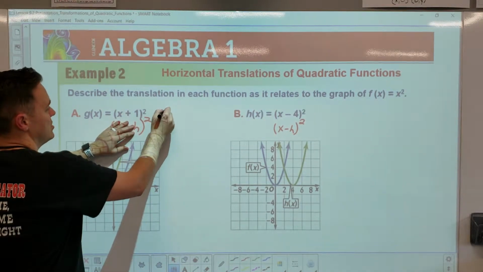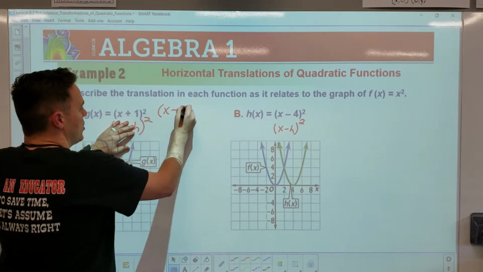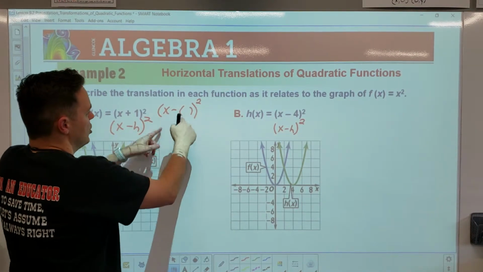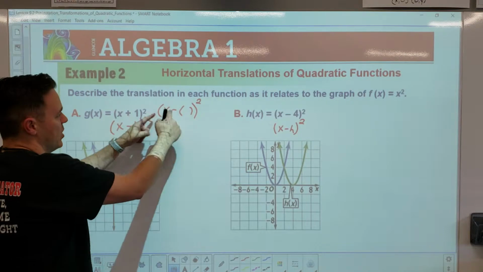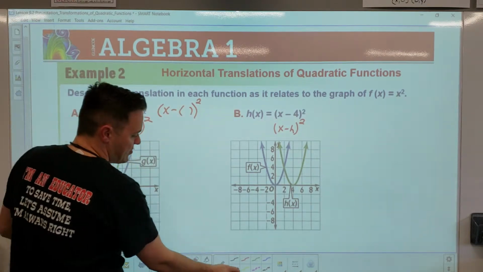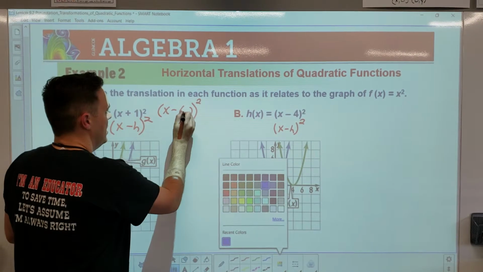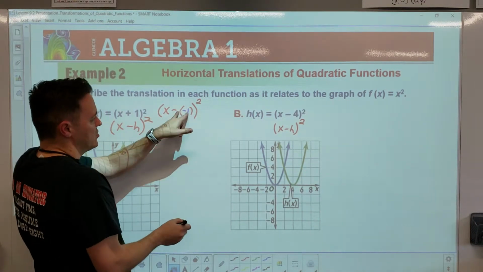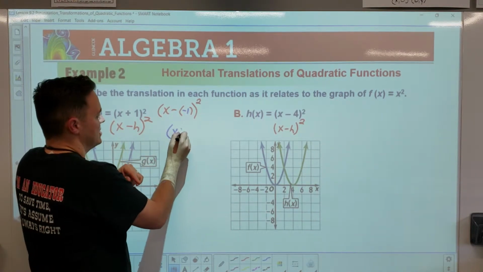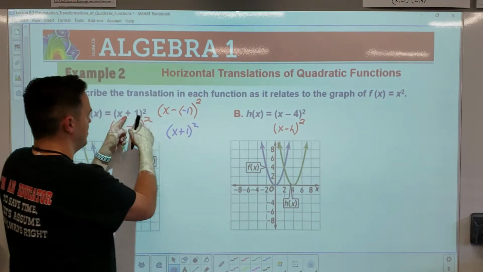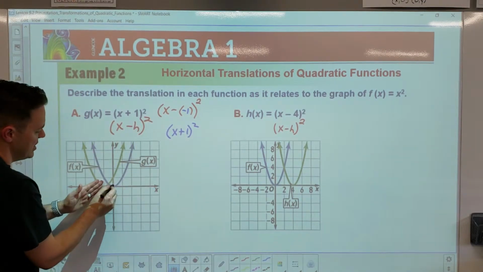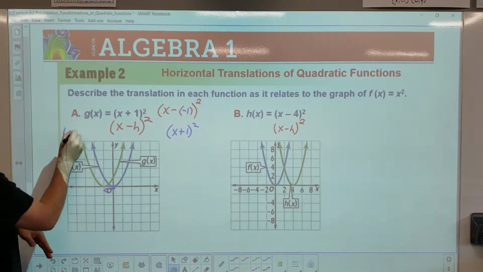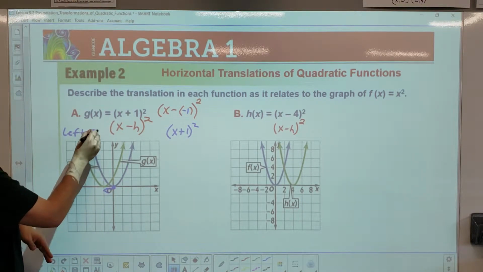Well, what you're doing is x minus, and then we throw a number in here and square it. So how would I go from a minus to a plus? Well, this number in here is technically going to have to be a -1. So if I put a -1 in here, then x minus negative 1 turns into x plus 1, squared. So that's what I want, which is why this goes left 1.